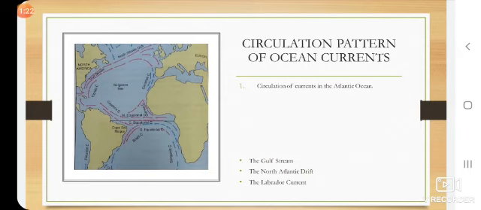The circulation pattern roughly corresponds to the Earth's atmospheric circulation pattern. The cold water of the Arctic and Antarctic circles moves towards the warmer water in the tropics and equatorial regions, while the warm waters of the lower latitudes move towards the poles.